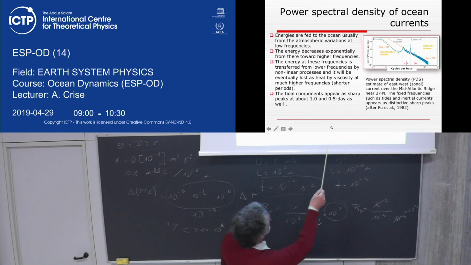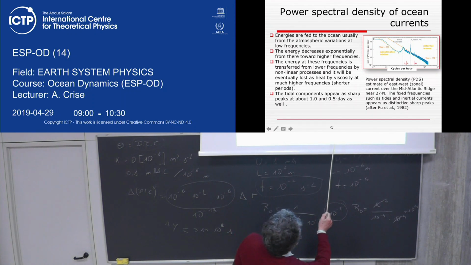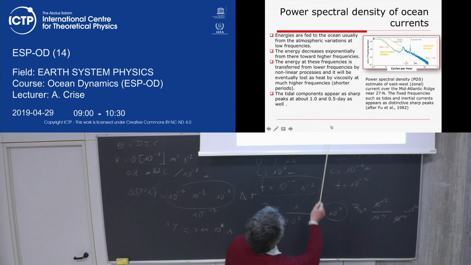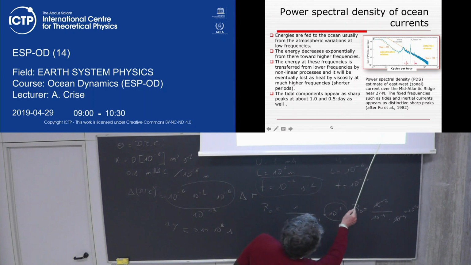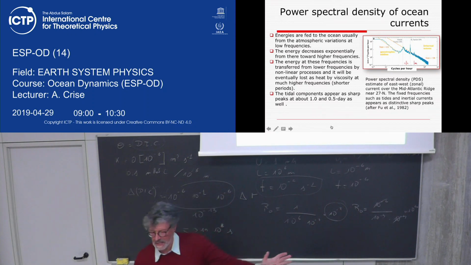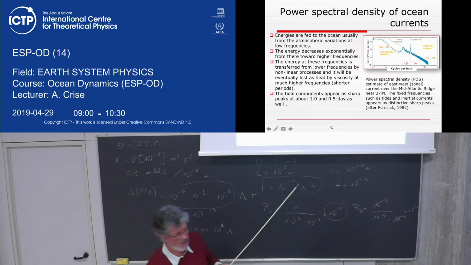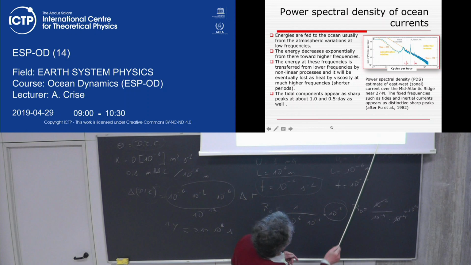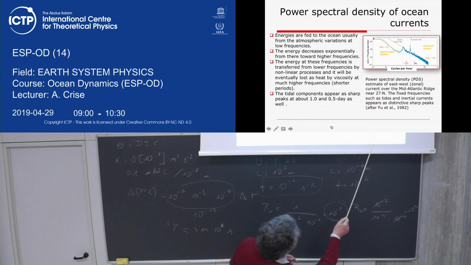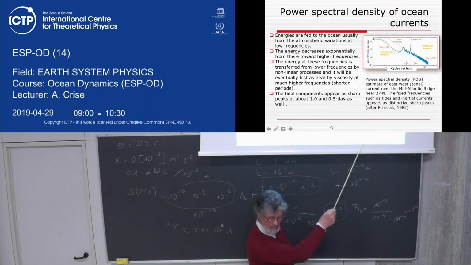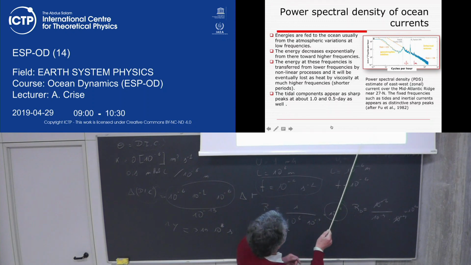From here to here there are six orders of magnitude, and from here to here you can have five orders of magnitude. You can span a lot of ranges. But you know that the high frequencies are some cycles per hour, sorry.